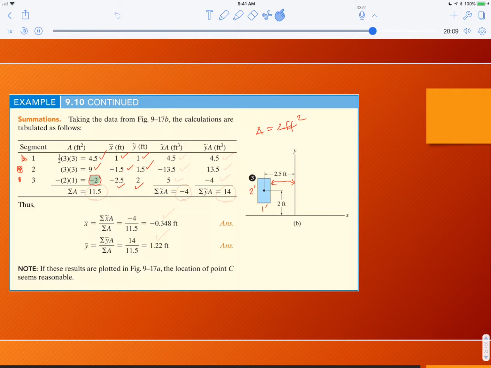Just change the numbers, and this will give you x times a, y times a for all the pieces, and it will automatically add them all up, including the minus signs. And then if you take sum xa over sum a, you get that for x bar, and sum ya over sum a, you get that for y bar.